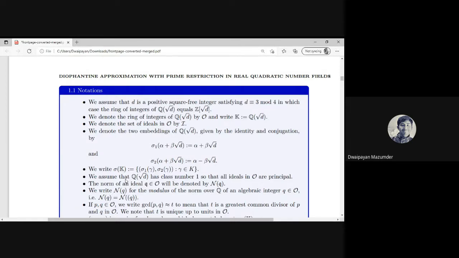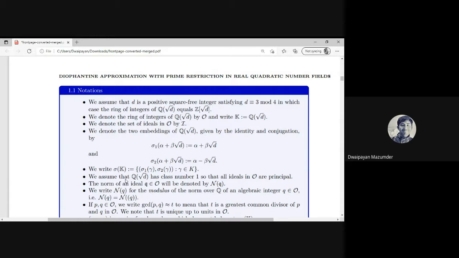We denote the set of ideals by I. There are two maps, sigma 1 and sigma 2: sigma 1 of alpha plus beta square root of d is alpha plus beta square root of d, and sigma 2 of alpha plus beta square root of d is alpha minus beta square root of d. And sigma K of gamma is just the tuple sigma 1 gamma, sigma 2 gamma, where gamma belongs to K.